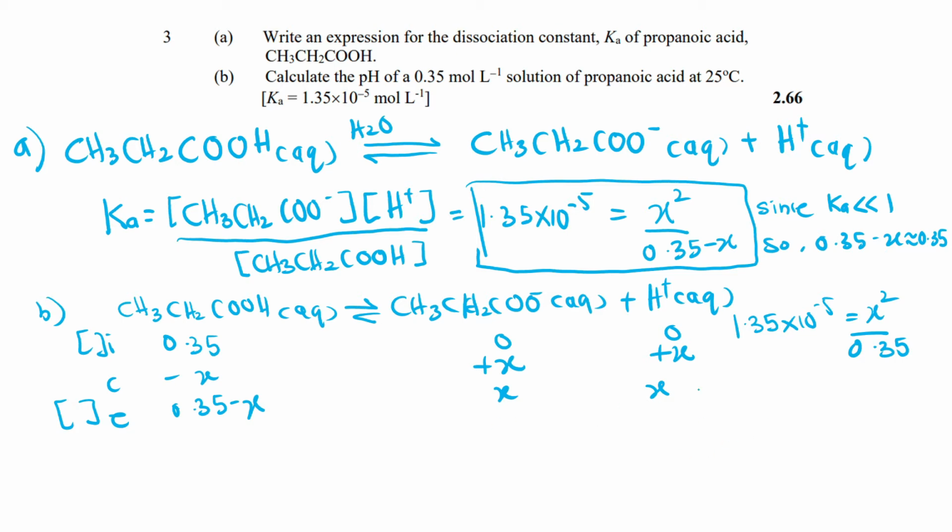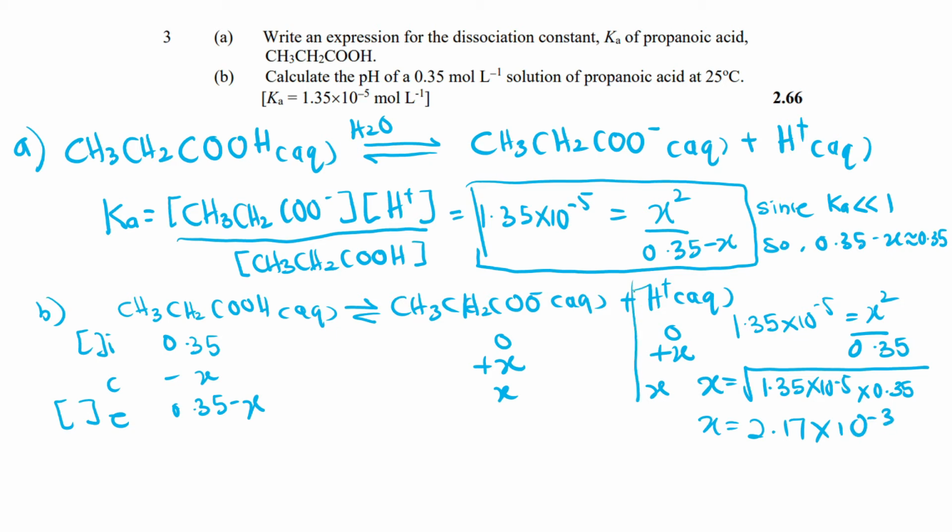So kita boleh cari nilai x. X is equal to square root 2.17 eksponen negatif 3. Jadi kalau kita tengok dekat dalam ice table kita, x mewakili H+.